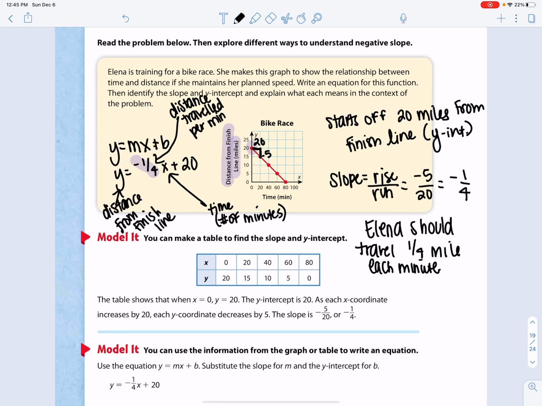Pretty sure I just spelled traveled wrong, but whatever, I'll fix it. And then of course the 20 represents our y-intercept, which is the starting distance from the finish line.